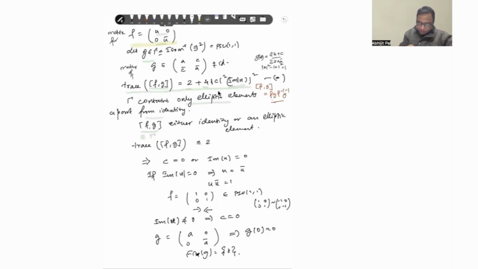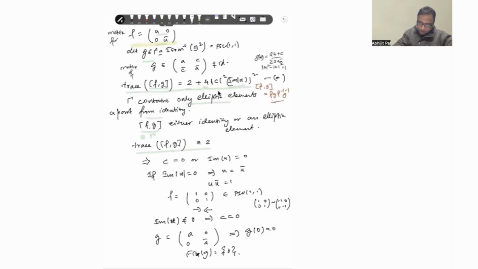So the trace of this matrix cannot be greater than 2, because if it is greater than 2, it will be a hyperbolic element. If it is identity, the trace will be equal to 2, and if it is an elliptic element, the trace will be less than 2. So the trace is less than or equal to 2.